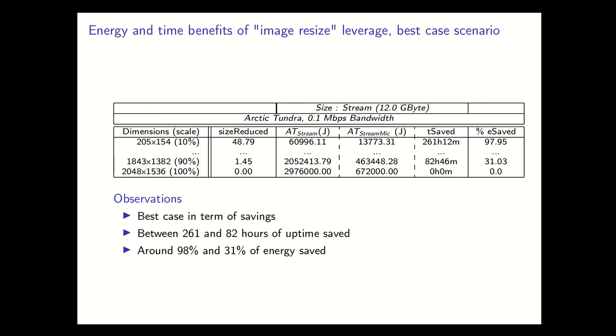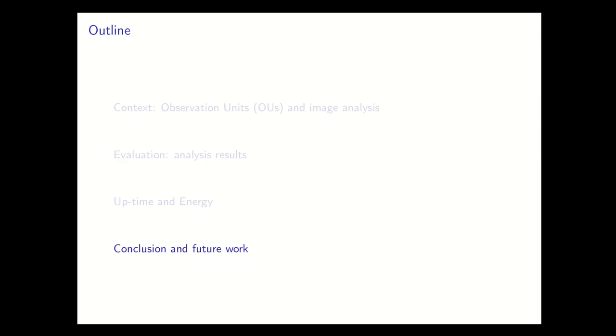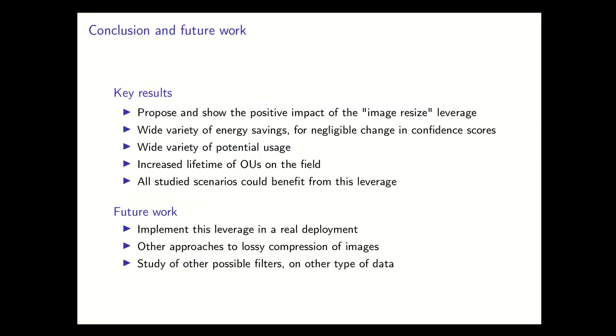So as a conclusion, in this paper we have proposed and showed the positive impact of the image resize leverage. A wide variety of energy savings could be brought in such deployments for a negligible change in confidence score. Such leverage has a wide variety of potential usage, not just because there are a lot of images being produced and read by CNN afterwards, but also because such an idea could be extended to other usage than just bait cameras and the CNN.